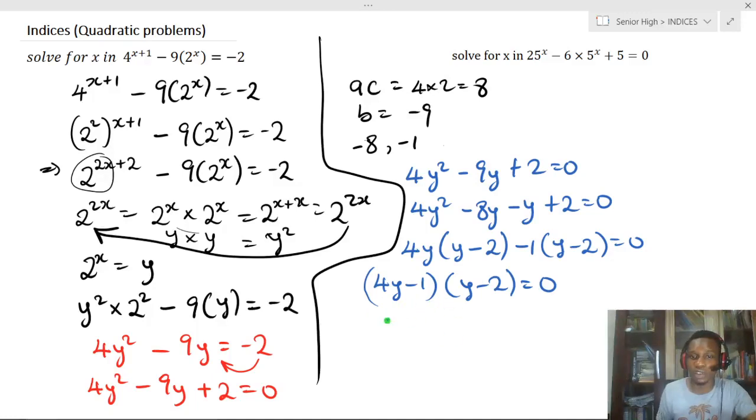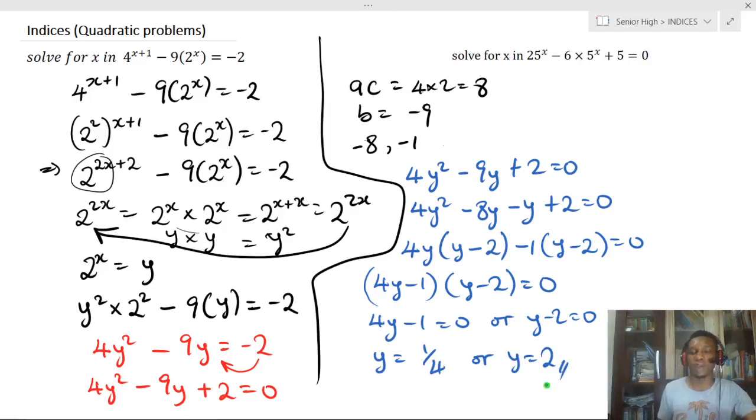Okay, now continuing, I have that 4y minus 1 is equal to 0, or y minus 2 is equal to 0. So I have that my y is equal to 1 over 4, or my y is equal to 2, and this is my value of y. But are we done? No, because remember, your y was represented as 2 raised to the power of x, and the real value we have to solve for is x, not y.